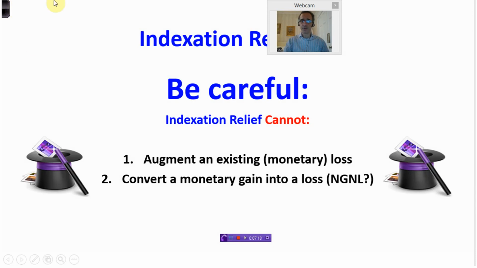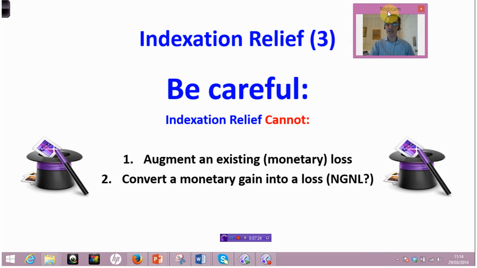Okay, now in terms of how indexation works, apart from getting the right factor, there's a couple of little tricks that you really need to be familiar with. Nothing too complicated, but these relate to a restriction on that uplift. In other words, obviously we'd like to uplift as far as we can, but there are certain rules that we need to adhere to. The first one is that if we have a monetary loss, in other words, before indexation, there is already a loss on the transaction.